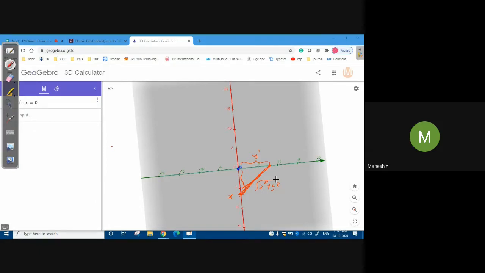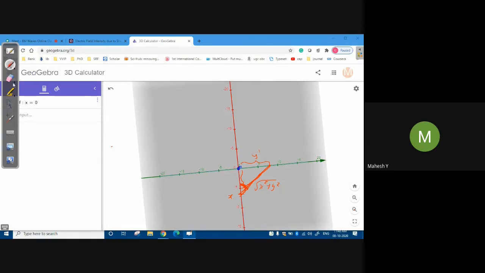Is there any answer? Okay, is this clear, right? x, y dash, x square plus y square. Now, if I consider this angle as theta.